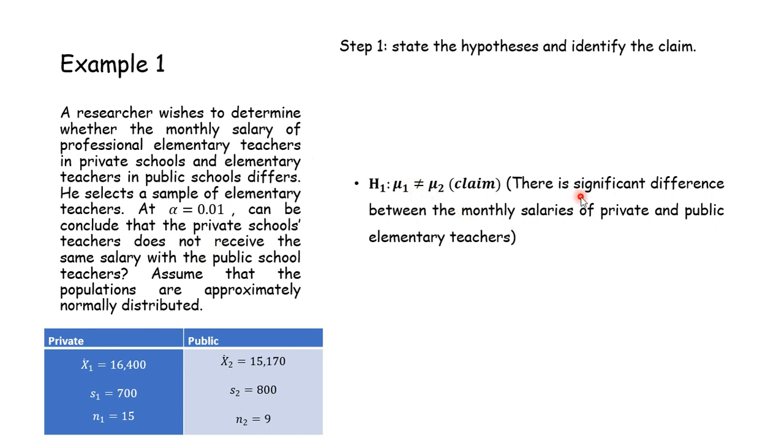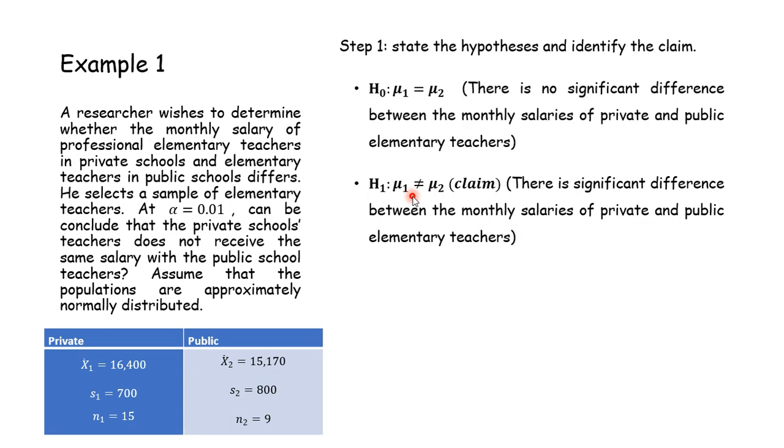Ibig sabihin yan, there will be a significant difference between the monthly salaries po ng private tsaka ng public elementary teachers po. Since here on the alternative, the sign that we use is not equal, the inverse of it is equal. And yun po yung magiging null hypothesis po natin.